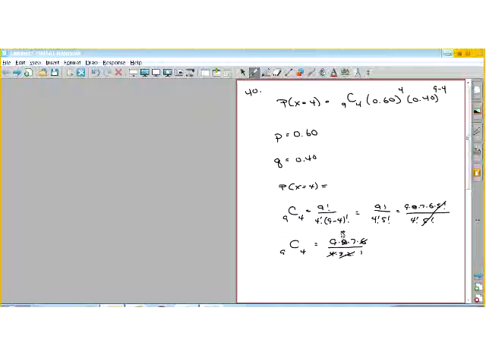And we can do that simplification. So that just becomes 9 times 2 times 7. 9 times 2 times 7 is 126. So the answer here is going to be 126 times 0.6 to the 4th power times 0.4 to the 5th power, and put that in our calculator.